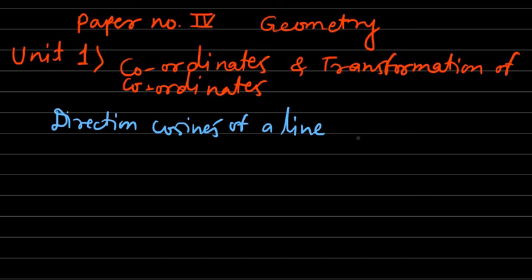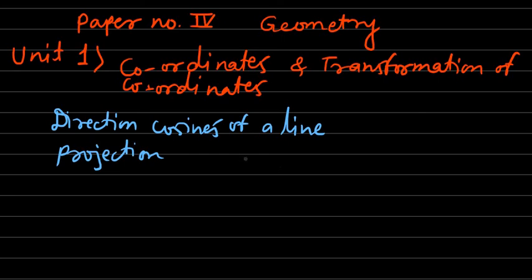Then we are going to discuss projection on a straight line: projection of a point on a line, projection of a straight line on another line, projection of a segment on another line, as well as projection of a broken line.